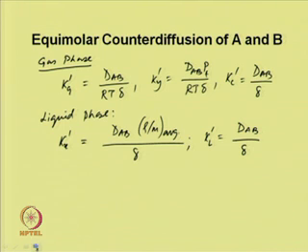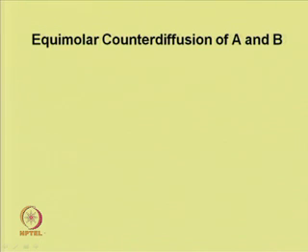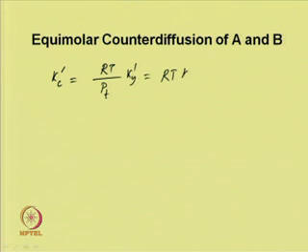So, we can convert between them: Kc dash is equal to RT by Pt Ky dash, Ky dash is equal to Pt Kg dash, and Kc dash is equal to RT Kg dash.